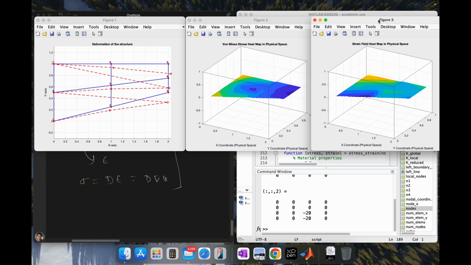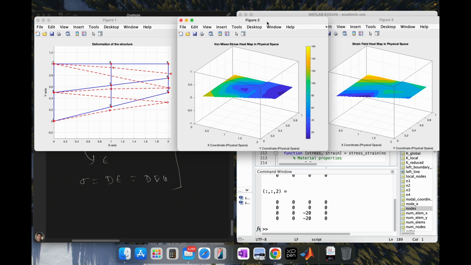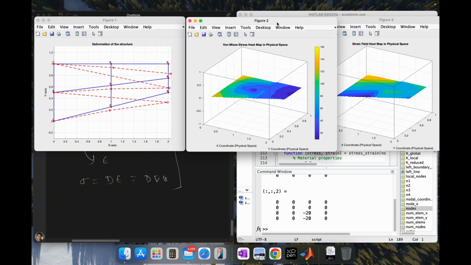Suppose we want to design some part of the body, and after solving the FEA problem, for each node you will get the sigma matrix, that is sigma xx, sigma yy, and sigma xy. But which part is very critical?